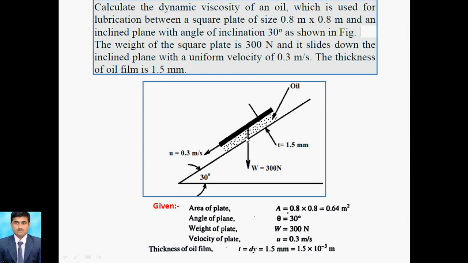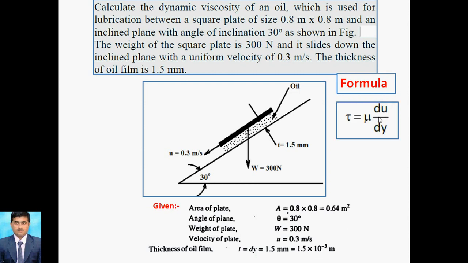So here the area of the plate is 0.64. The angle of the plane is 30 degree. The weight of the plate acts downwards, so this is 300 Newton, we can take it directly. The velocity is 0.3 meter per second, and the separation by oil, that is dy, is the film thickness of 1.5 mm, that is 1.5 into 10 to the minus 3 meter.